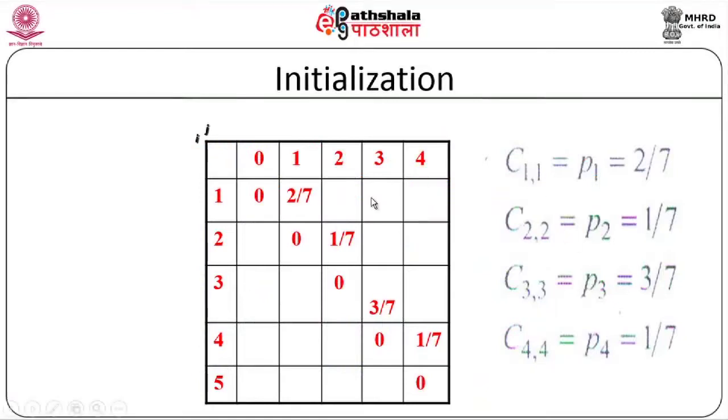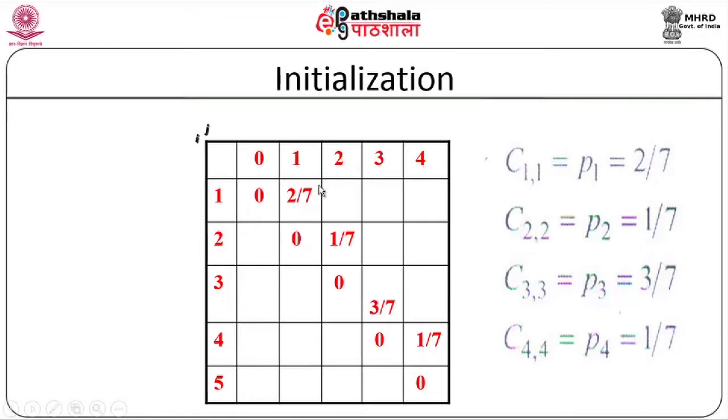You can see that there are 4 keys, so it starts from 1 to n plus 1, that means it is going to be 5, and on this side we have 4 keys, so it ranges from 0 to 4. Now this is the initial structure of the table.